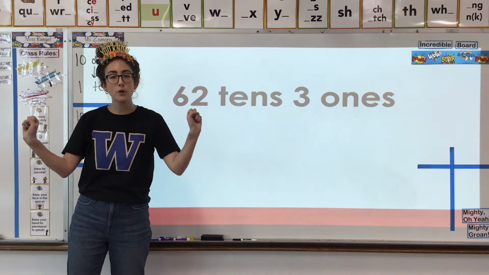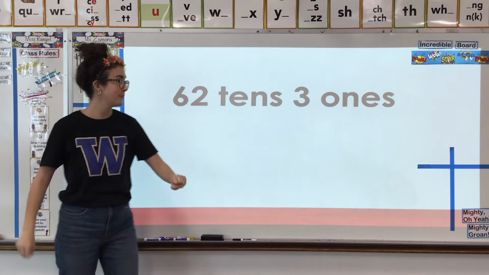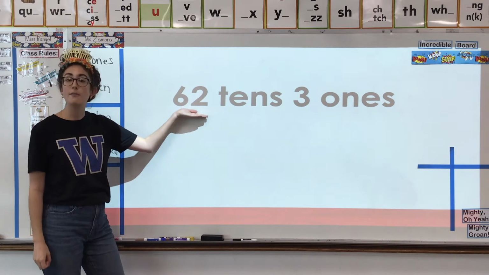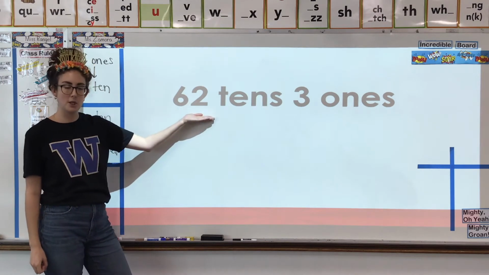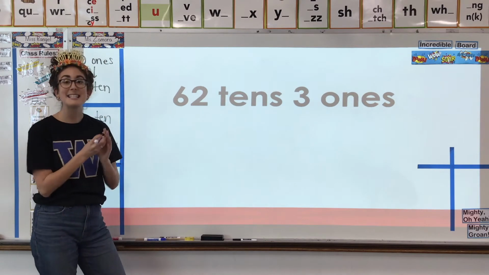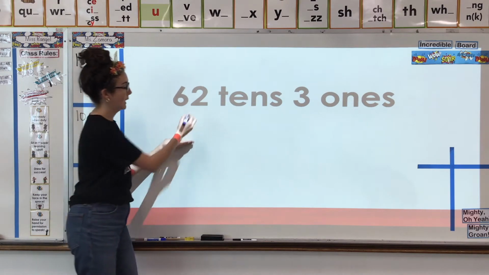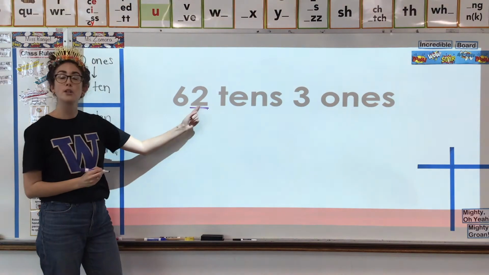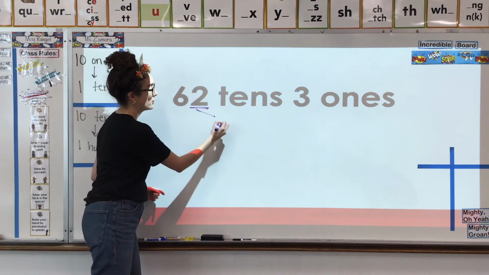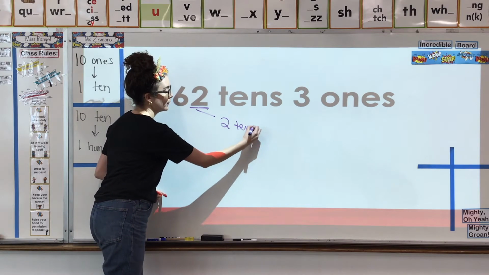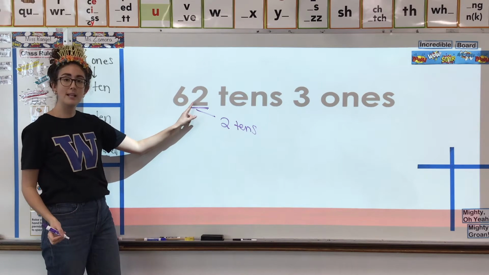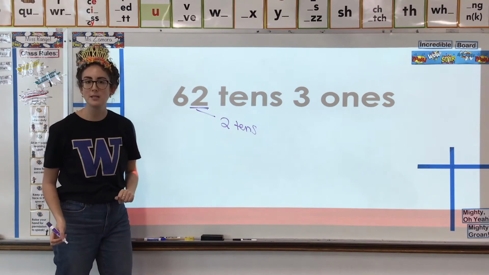And those 2 groups that we're going to break apart are based off the place value of just 62. So, can you do this with me? In 62, second grade, we can take the 2 that's in the ones place and create a group of 2 tens. This 2 that's in the ones place becomes 2 tens.